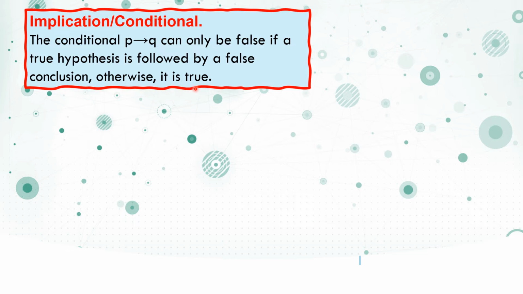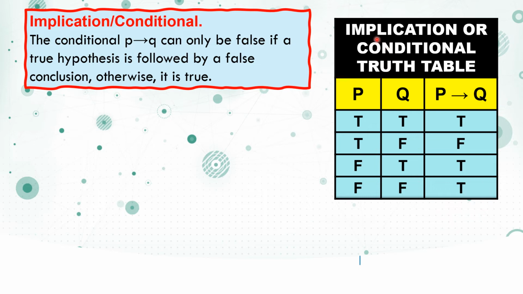Otherwise, it is true. Anong ibig sabihin nito? So, kapag yung hypothesis ay true at yung conclusion ay false, yung ating conditional is false. Otherwise, lahat na ay true, as shown in this implication or conditional truth table.